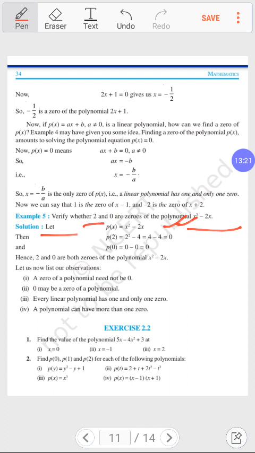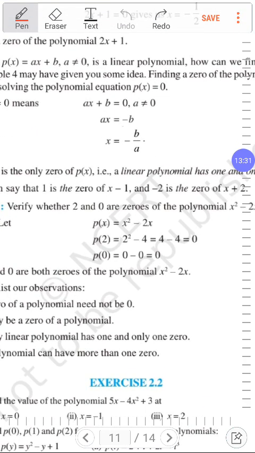P(2) becomes, in place of x we keep 2. So in x square it comes 2 square, and in 2x it comes 2 into 2, that is 4. So 2 square minus 4, that is 4 minus 4, is equal to 0. And here 0 has also been asked to be kept. So we keep p(0) as 0 square, that means 0 into 0 is 0, and 2 into 0 is also 0. So when we subtract, we get 0.